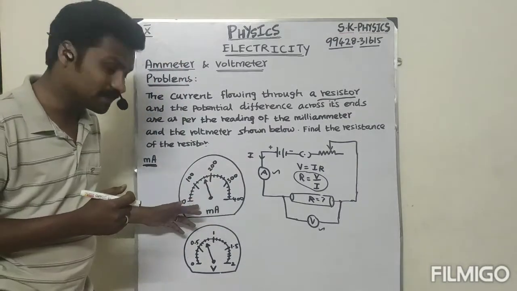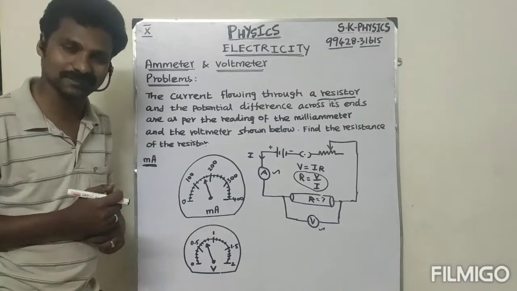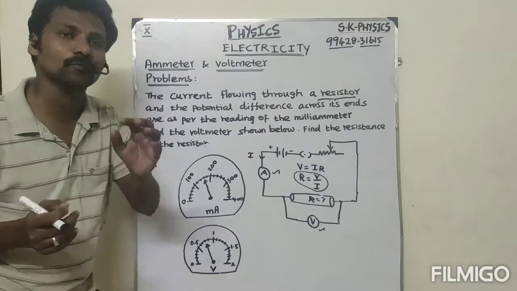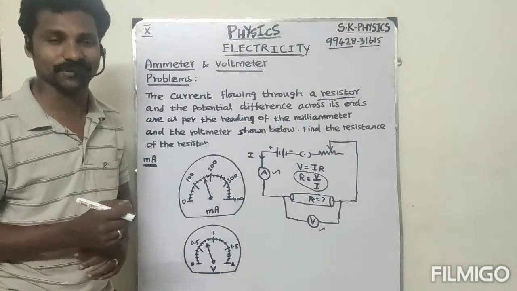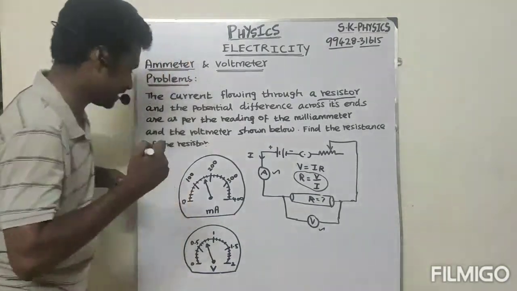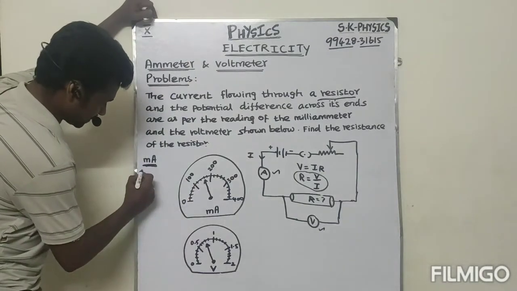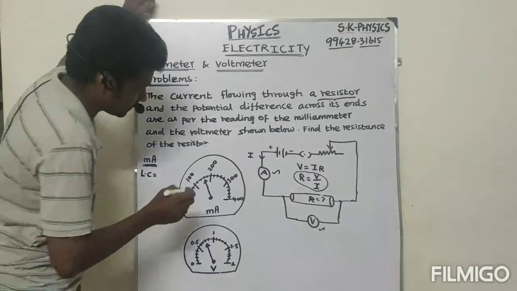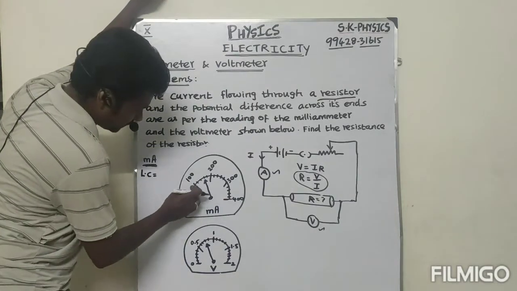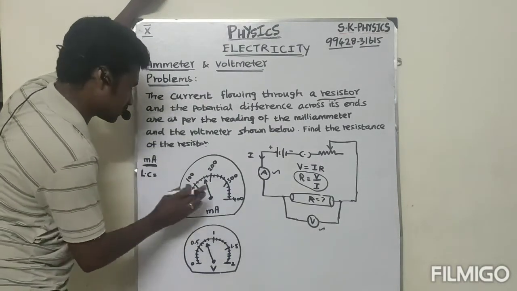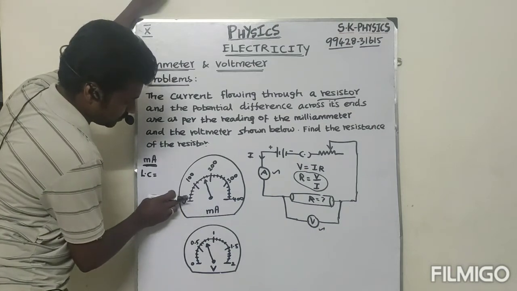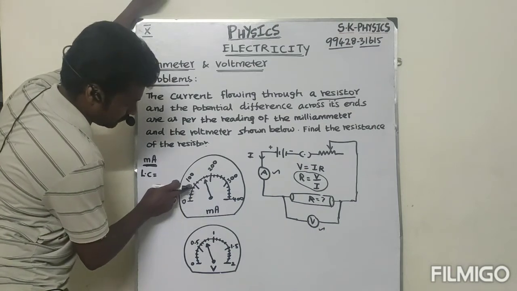So now here, what is the least count? That means each and every division, how much value. Okay, that is least count. Listen here, first you said LC. LC is nothing but least count. See, each and every division, how much value. For example, from here to here how many lines? 0, 1, 2, 3, 4, 5.